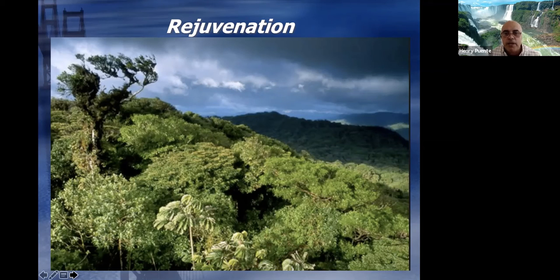So here's a picture of Costa Rica. I don't know if anybody's ever been to Costa Rica, but Costa Rica for a period of time was knocking down a lot of its forests. And so basically the Costa Rican government and the people had a change in philosophy. The idea was we need to preserve nature and maybe we can create a revenue stream through nature.